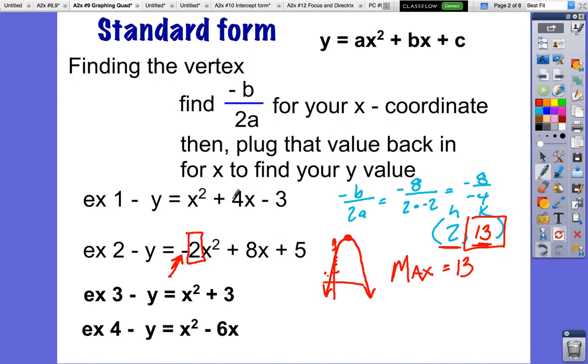By the way, your vertex here, remember it was -2, -7. So it looks something like this, right? If it opens up, is that vertex the highest point or the lowest point?